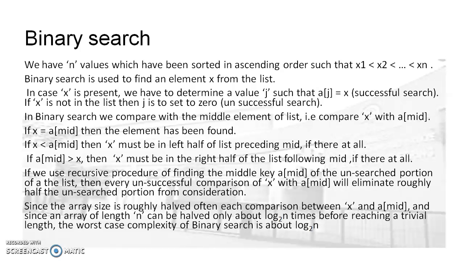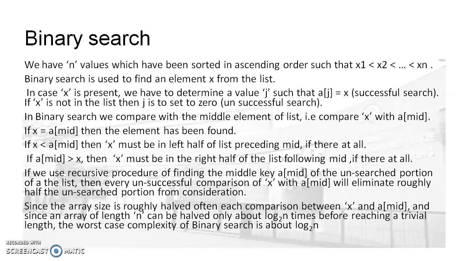Now let's have a look at an example that can be solved using the divide and conquer strategy, that is the binary search algorithm. In binary search, we have n values sorted in ascending order, and the problem is to search for an element x in this list.